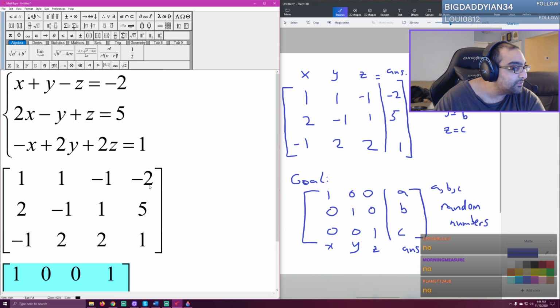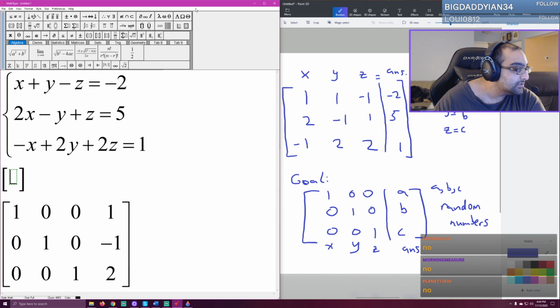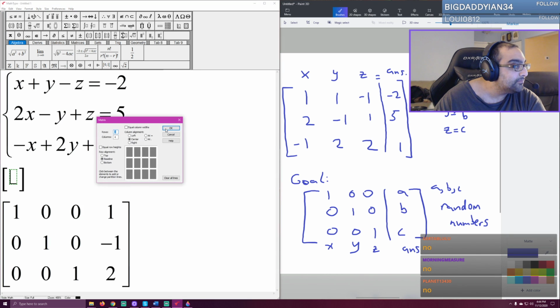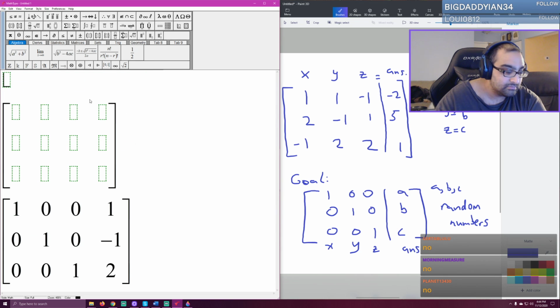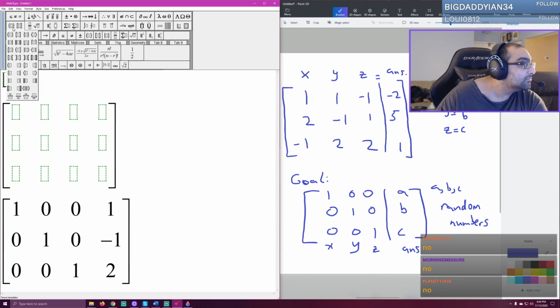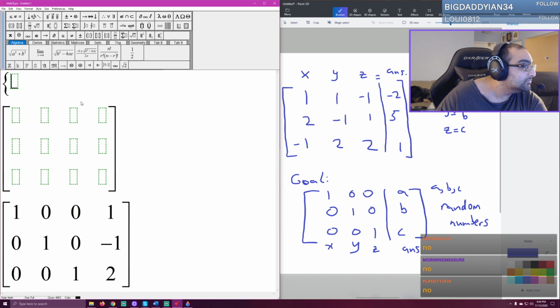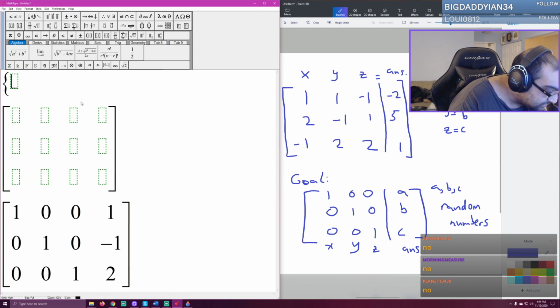All right, so I'm going to write down a new system of equations here, and a new matrix to boot. All right, let's try this one here.